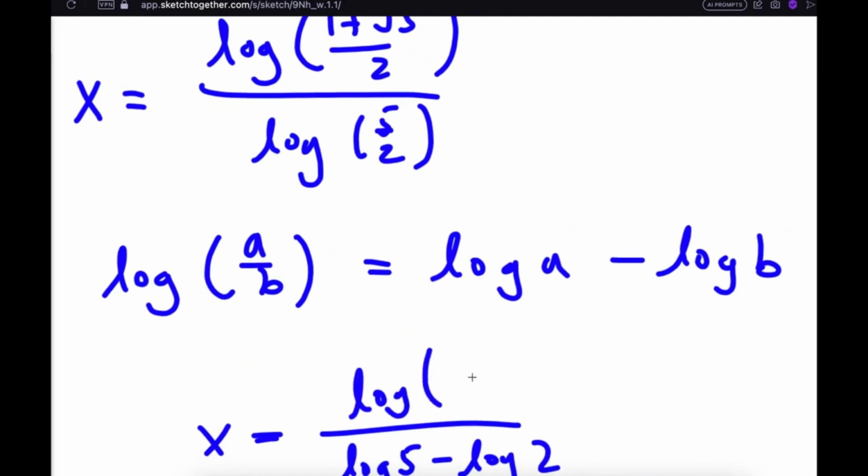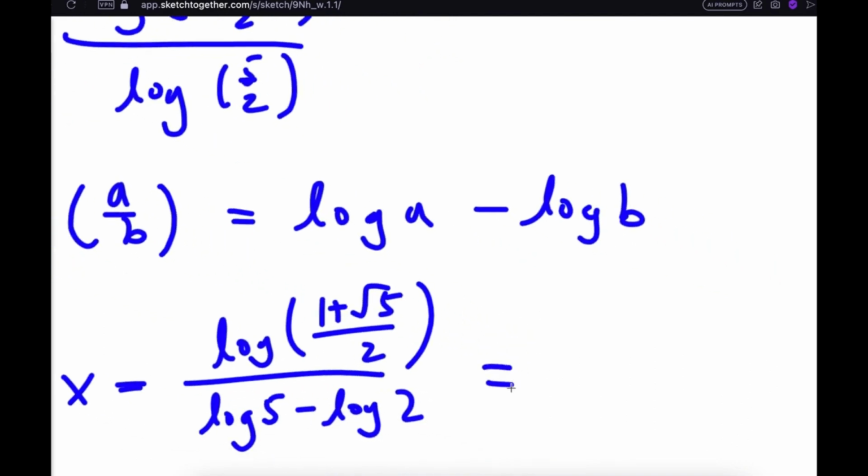So now I have log of (1 plus the square root of 5) over 2, over log 5 minus log 2. If you plug this into a calculator, this is approximately x equals 0.525.